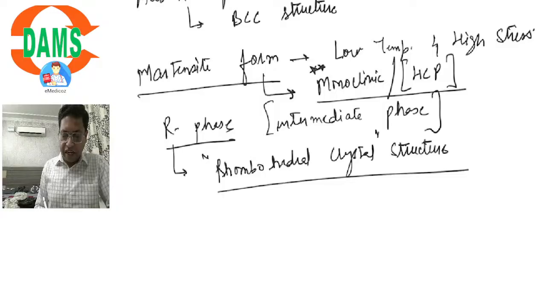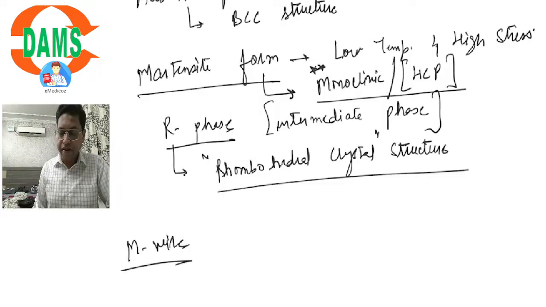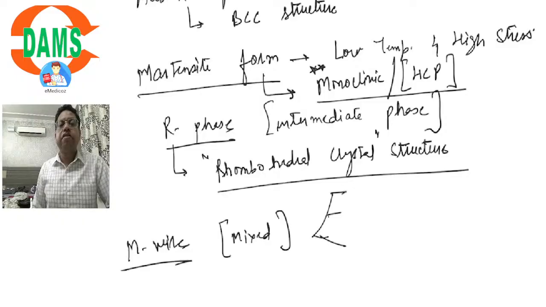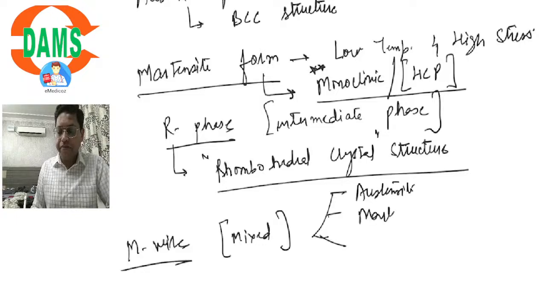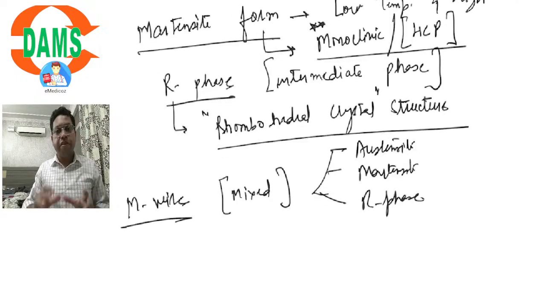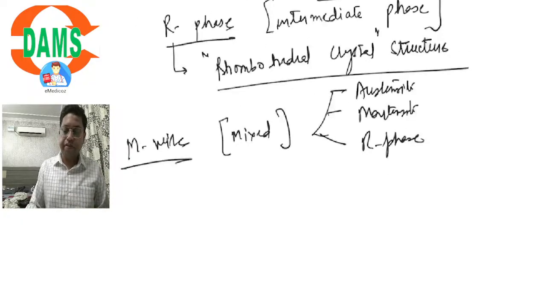Another form of nickel titanium is M-wire nickel titanium. M-wire, as the name indicates, is the mixed form of nickel titanium that has components of the austenite, martensite, and the R phase. So these are the four principal phases in which rotary endodontic instruments are available.